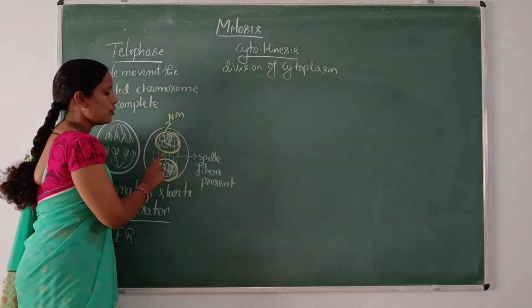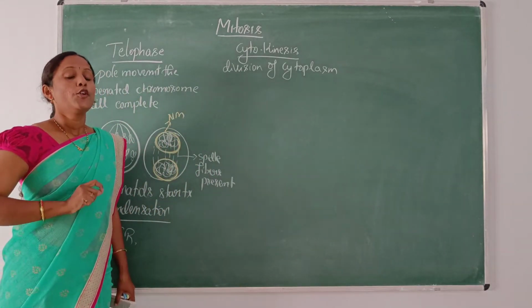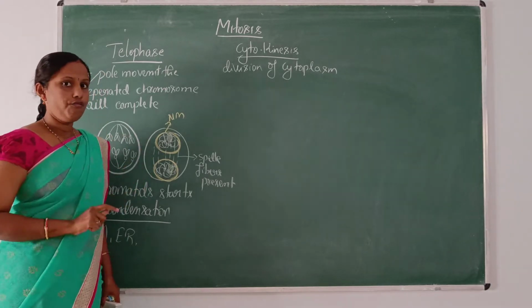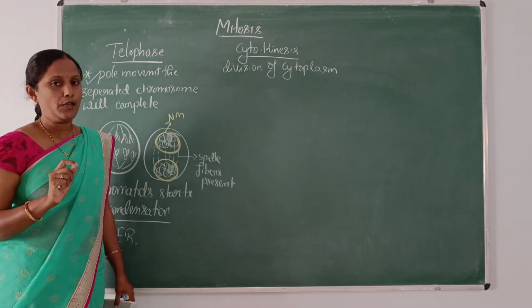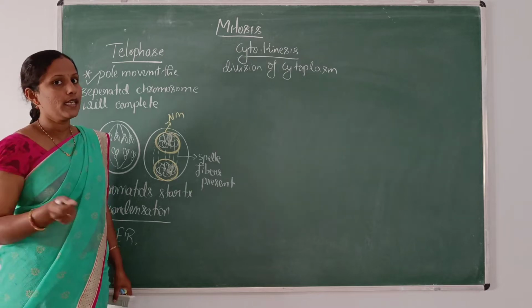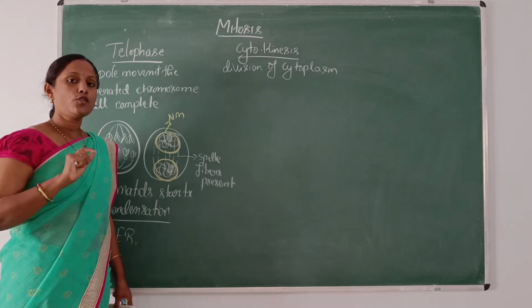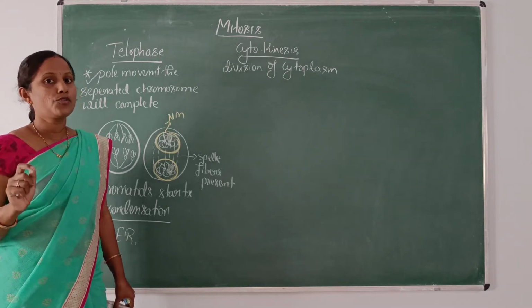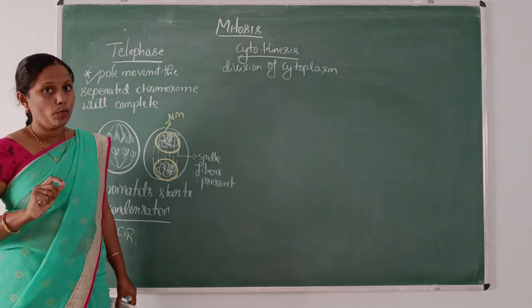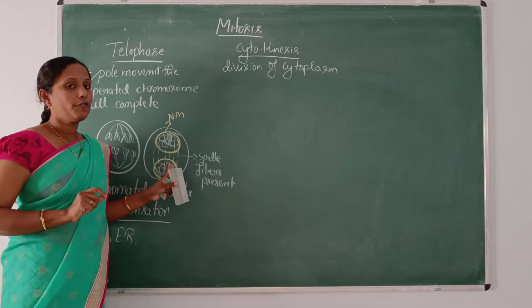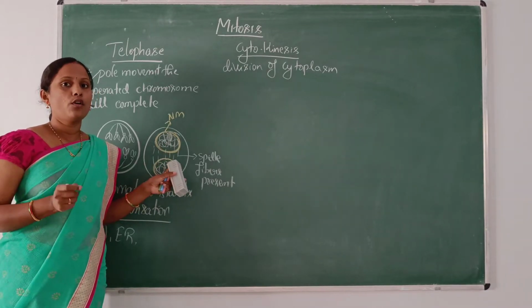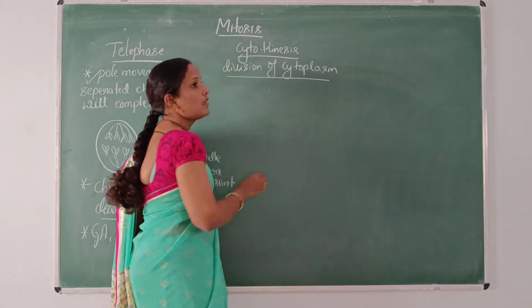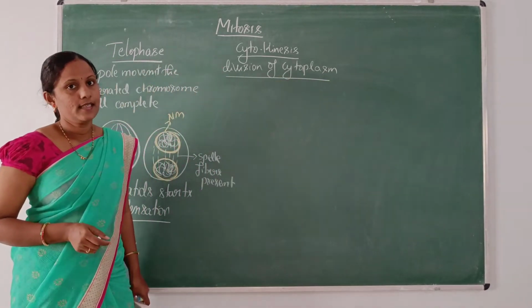Whenever there is a division of nucleus, to maintain the ratio of nucleus and cytoplasm, the cell size and the cytoplasmic content in a cell, the cell has to divide its cytoplasm immediately after completing the division of nucleus, which is called cytokinesis.